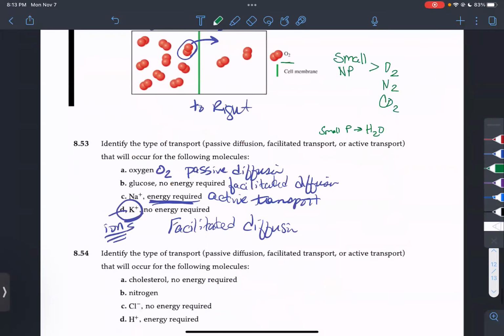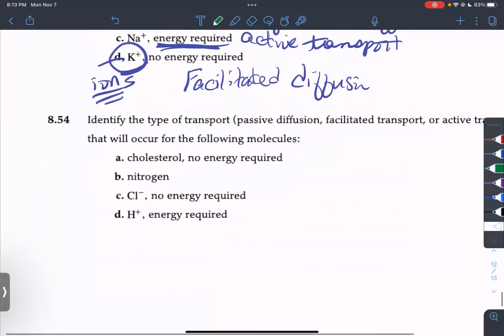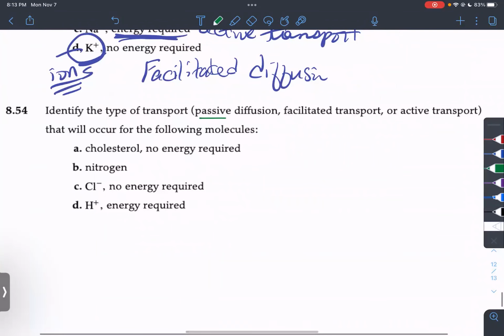Okay. So identify the type of transport. Passive diffusion. Think about if somebody is passive, they're not going to fight. They're not going to put up an effort, right? So passive diffusion is something that does not require energy.